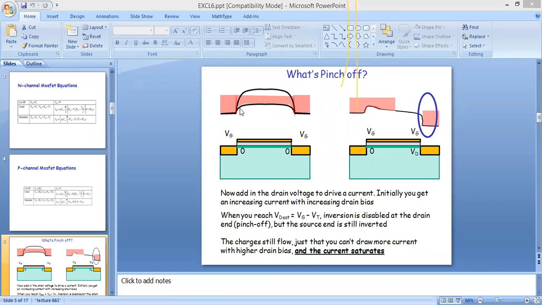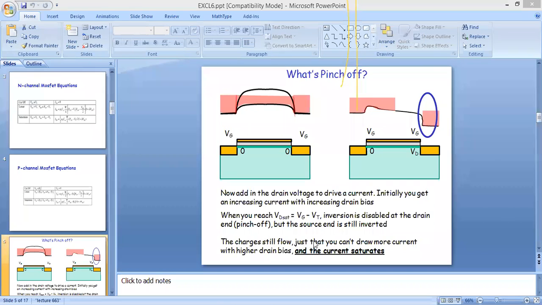If you see the gate side and the drain side, as long as we are not increasing the value of VDS, as long as we are giving VGS more than the threshold voltage and a small VDS, what are we getting? On both sides, the gate and the drain side, we are getting inversion. But if you apply the value of VDS and it reaches VDS equal to VGS minus VTH, then inversion will disappear at the side of drain, due to which the height of the channel becomes 0.